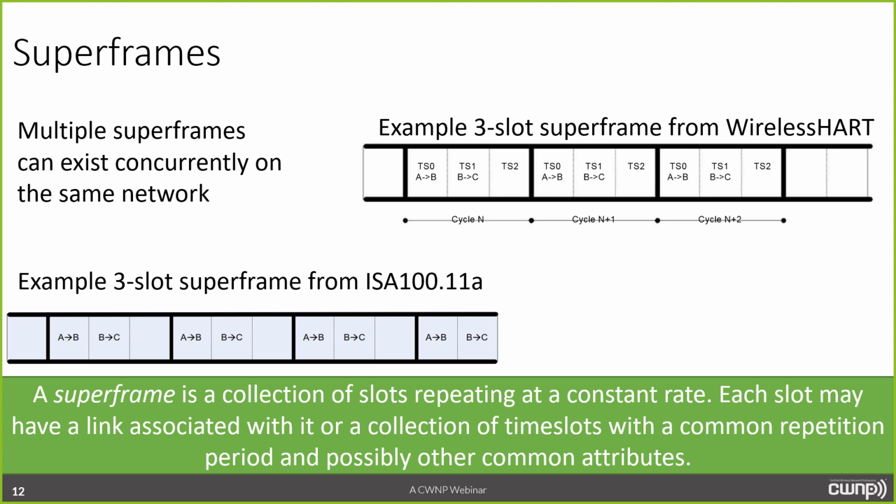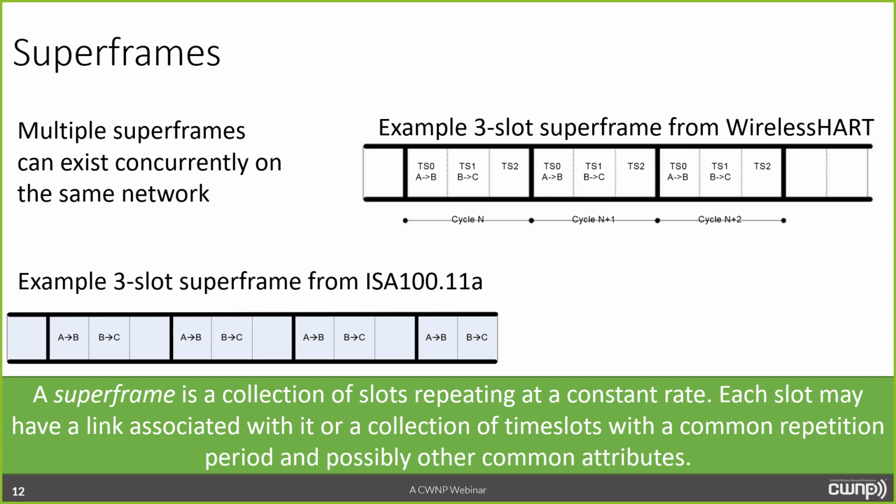Now, as you can see in the images then, they are very, very similar, and both have, for example, device A to B, B to C, and so forth. So what that means, by the way, is device A communicates with device B in time slot 0, B communicates with C in time slot 1, and then time slot 2 is undefined.